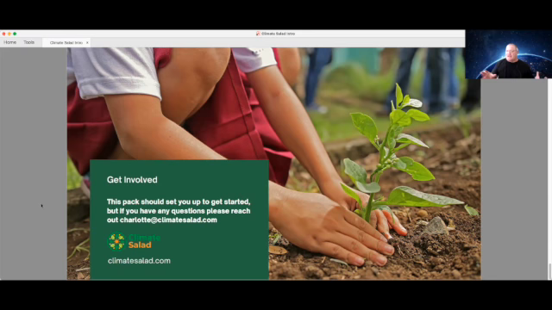So if you understand cloud and you want to get involved in this space, there are plenty of job opportunities. ClimateSolid itself has a job board, so you can join ClimateSolid, or put your hand up and say that you're interested in opportunities in that space, and I'll bet you get hoovered up pretty quickly, to be honest.